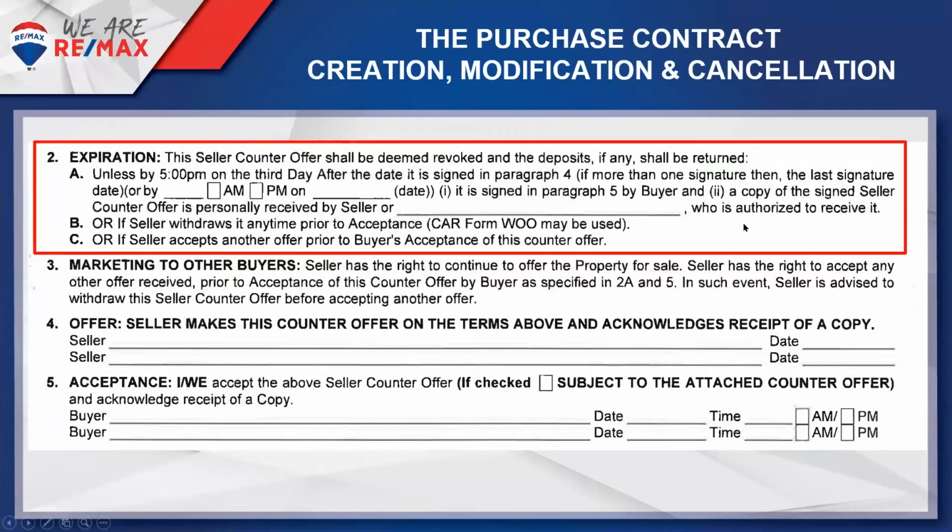So the seller counteroffer will be revoked if it is not accepted by 5 p.m. on the third day after the day it was issued, signed in paragraph 4. After they signed in paragraph 4, the seller has to have signed this or it's not valid. Signed in paragraph 5 by the buyer accepting it.